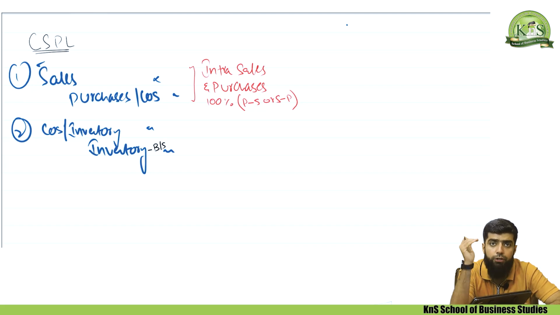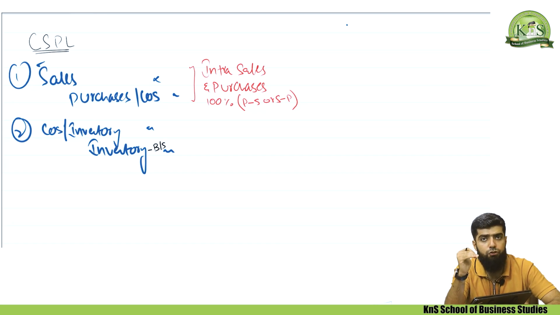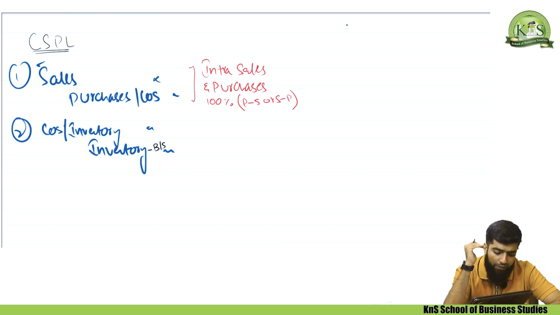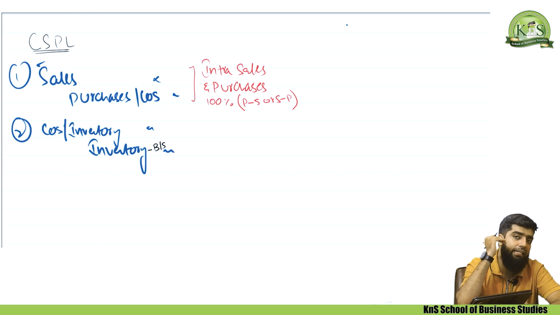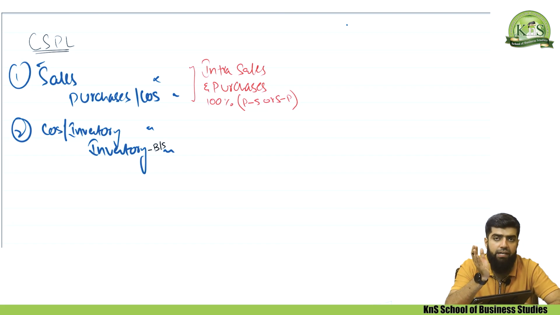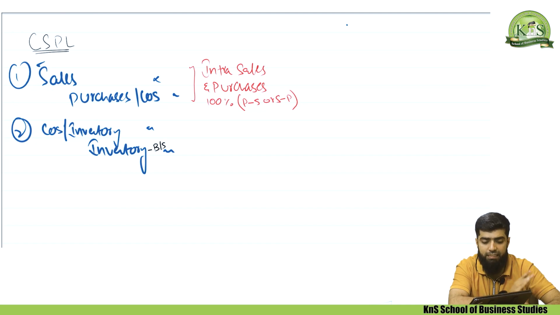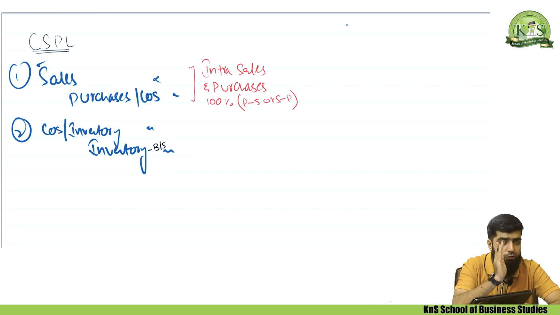But in order to eliminate the amount of inventory, we know that inventory is recorded in the P&L as a nature of revenue. And once we are eliminating it, the revenue should be reduced. In order to reduce it, we would debit the inventory account, but if the inventory account is not there, we'll be debiting the account cost of sales.